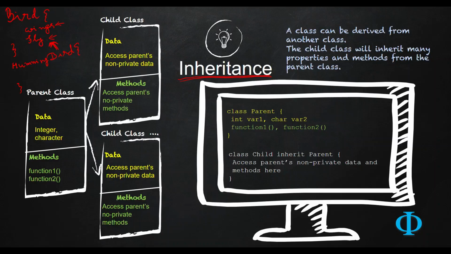Because a hummingbird also has wings, and a hummingbird can also fly, it is basically inheriting all the properties of the bird. So we can say that the hummingbird also inherits the bird.